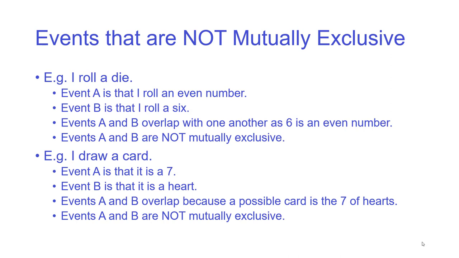If you have events that are not mutually exclusive, then you have to take away the area where they both occur from adding the two areas together. Other examples of not mutually exclusive events are rolling an even number and a 6, or drawing a card and it's a 7, because the 7 of hearts fits in both of those different categories.